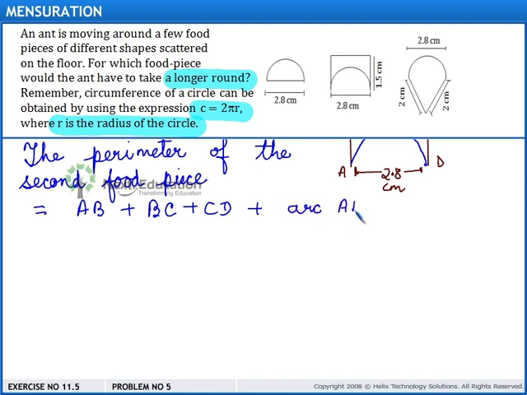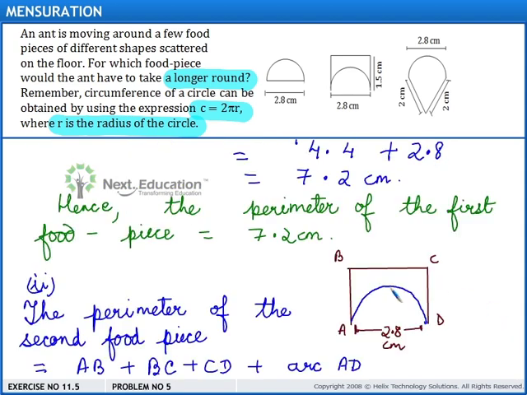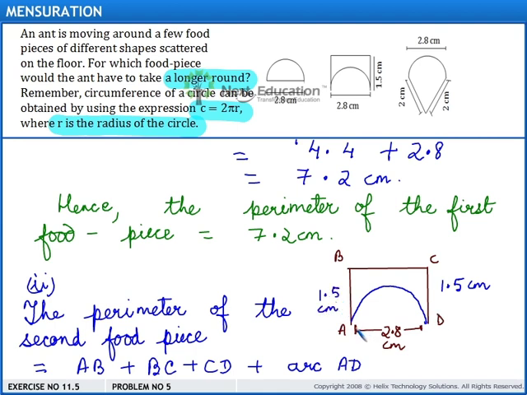Now arc AD is the semicircle of diameter 2.8 centimeters. And it is also given that this length is 1.5 centimeter. That means CD is 1.5 centimeters and so is AB. Since the diameter of this semicircle is 2.8 centimeters, we can say that BC is also 2.8 centimeters.